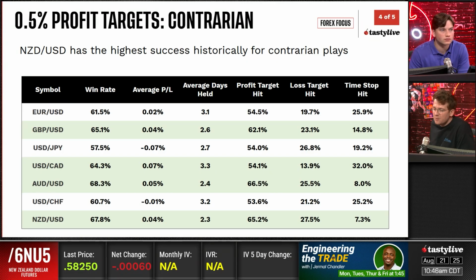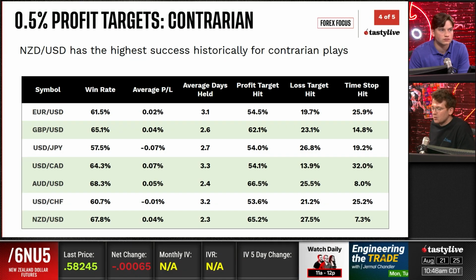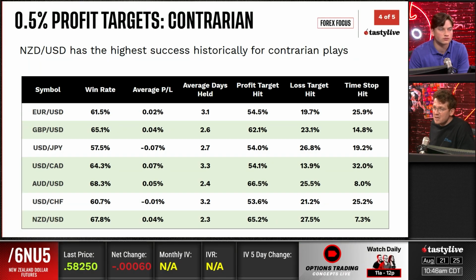That's like if you're selling strangles on an S&P ETF, and the average credit that you're getting is like $3, and the average P&L was 10, 20, 25 bucks. Pretty similar type of return here. And so that's just to say that it is meaningful when you're looking at low volatility but high leverage markets like FX.